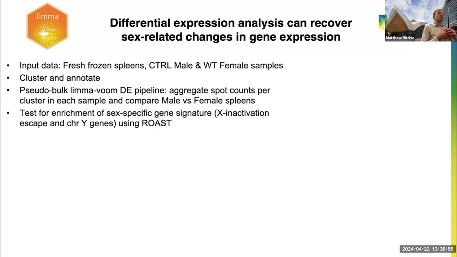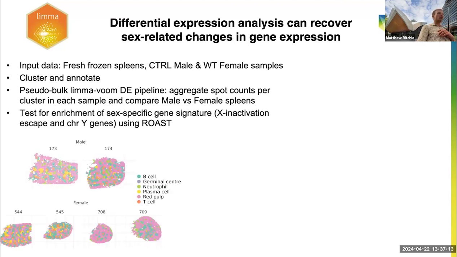So the analysis here is to go through cluster by cluster that we've annotated, and run a pseudo-bulk differential expression across the aggregate spot counts per cluster. And in this case, we've got a small number of males and a small number of females in each case. So here we go, 2 male samples and 4 female samples.